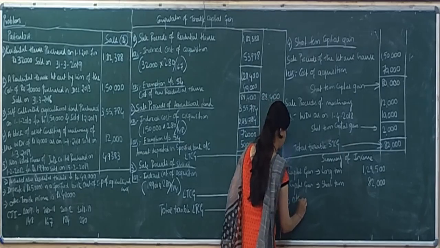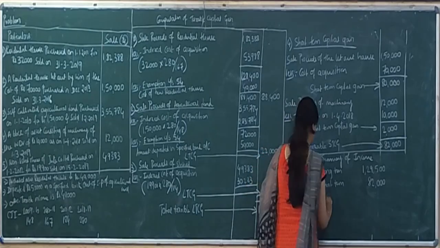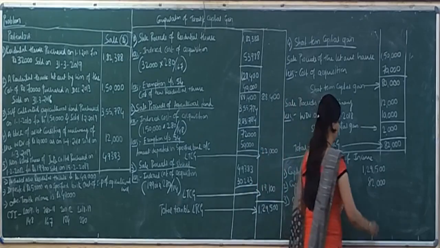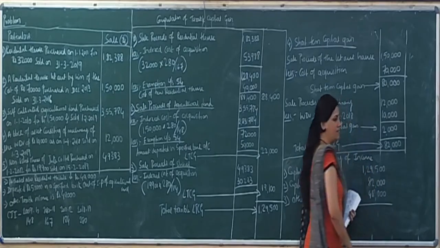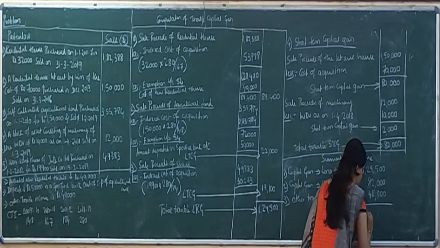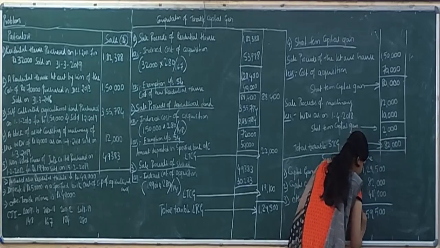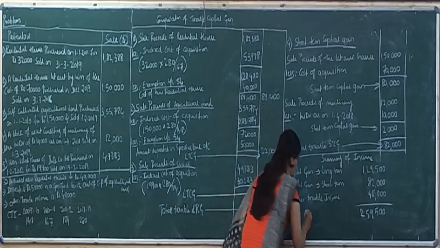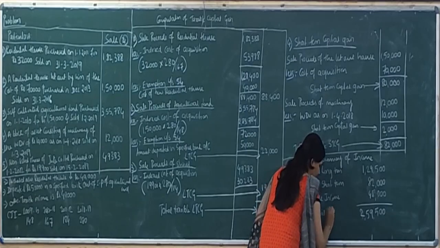Okay, and next other taxable income, that is 48,000. Add this, total we will get 2,59,500. This is nothing but what? This is the gross total income.